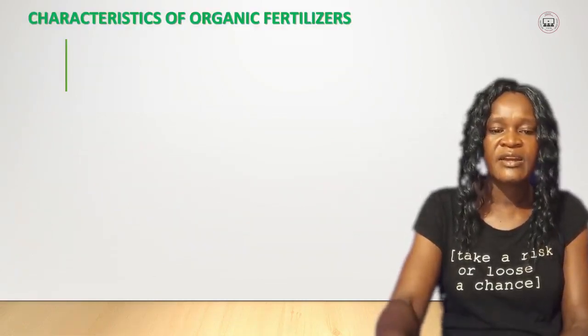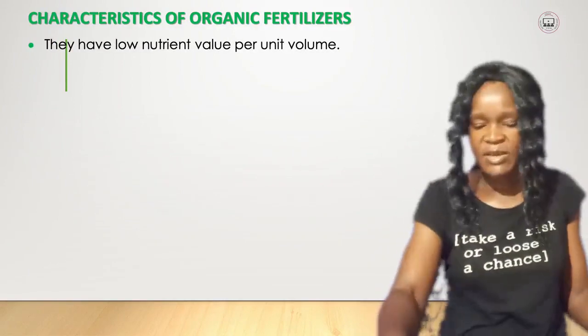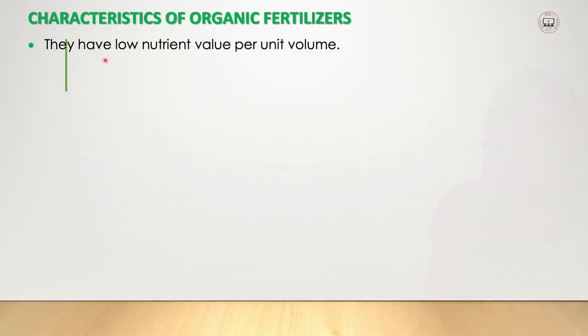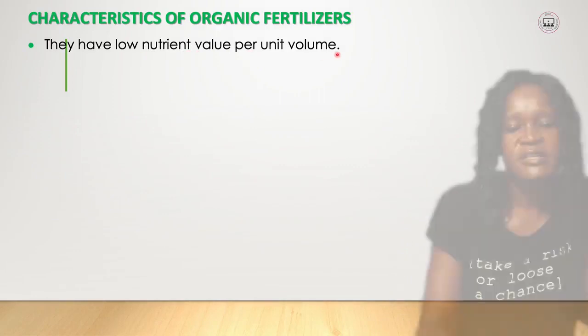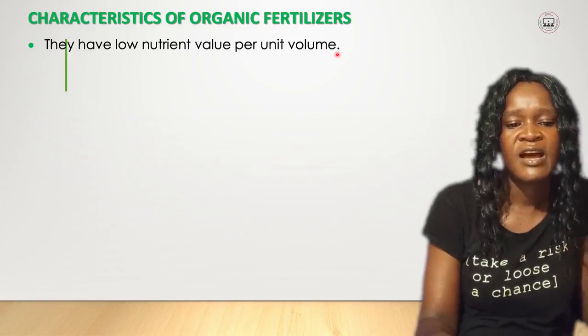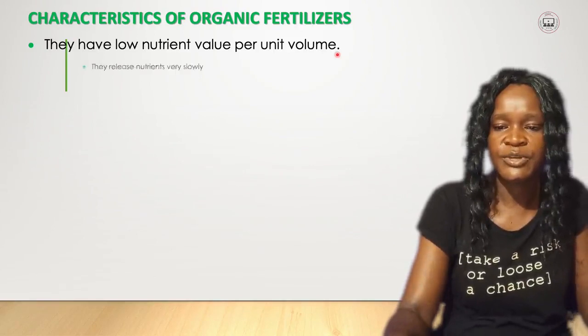So what are the characteristics of organic fertilizers? Some of the characteristics of organic fertilizers are as follows. They have low nutrient value per unit volume. Let's say 50 kg of organic fertilizers, the amount of nutrients is a little bit low.